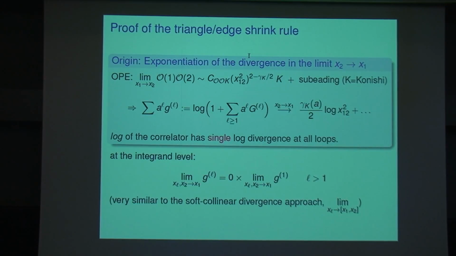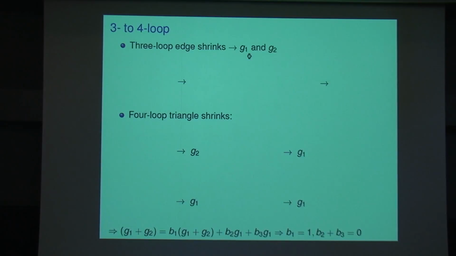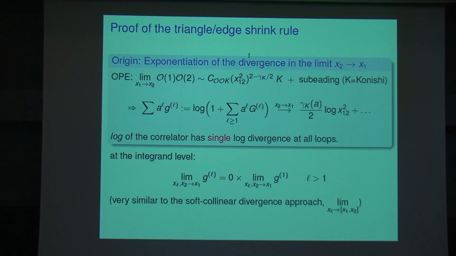Maybe I'll quickly try and convince you about where this criterion comes from. It has a very simple origin, actually, to this divergence criterion. But it's more correlation function oriented.